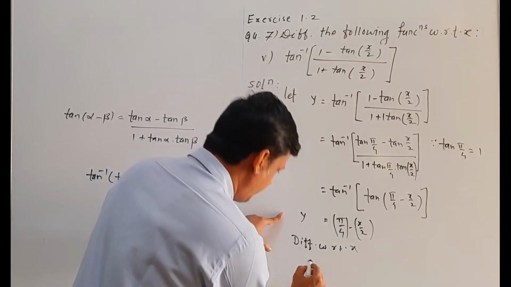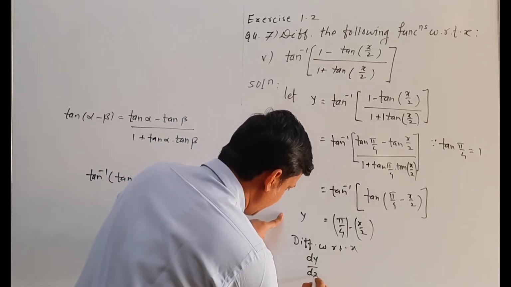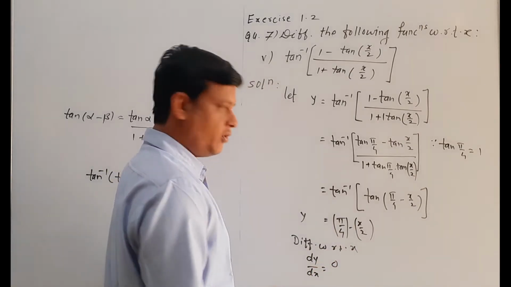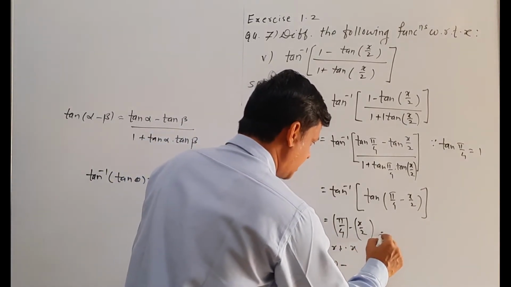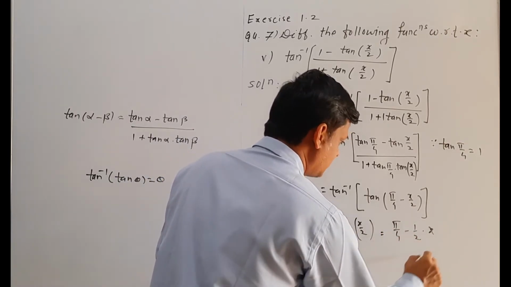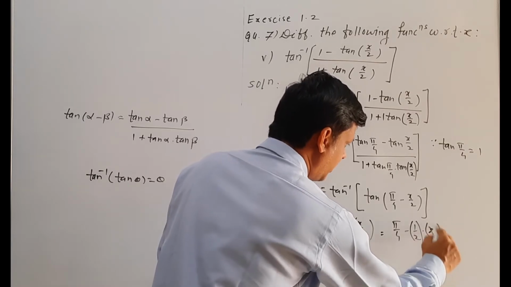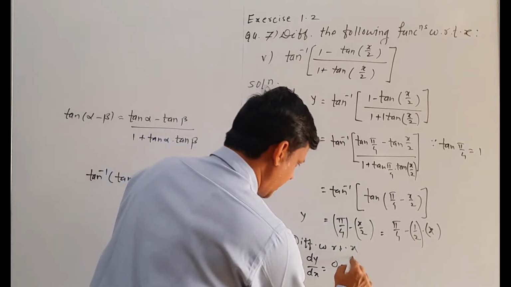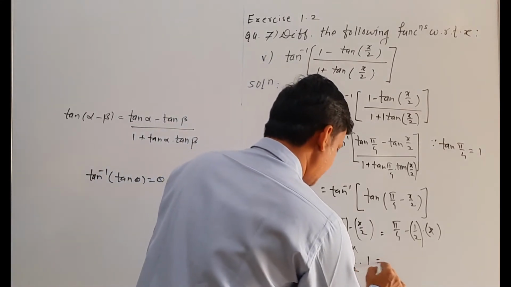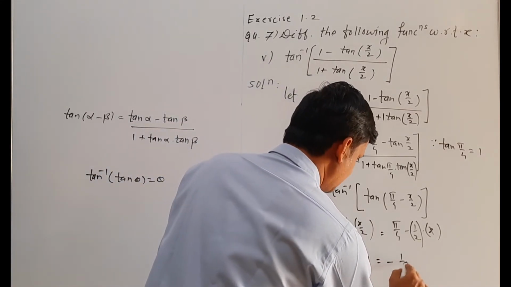Now the derivative of y with respect to x is dy by dx. Pi by 4 is a constant, so its derivative is 0. For x by 2, we write first pi by 4 minus 1 by 2 into x. So 1 by 2 is a constant, and we have to find the derivative of x. So write 1 by 2 as it is, the derivative of x is 1. So we get dy by dx is equal to minus 1 by 2.